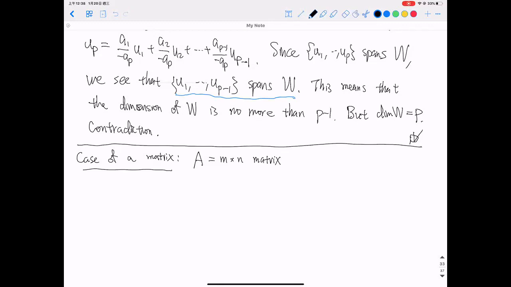From A, we get its null space, N of A, which by definition is the collection of x's in Rn satisfying Ax equal to 0.